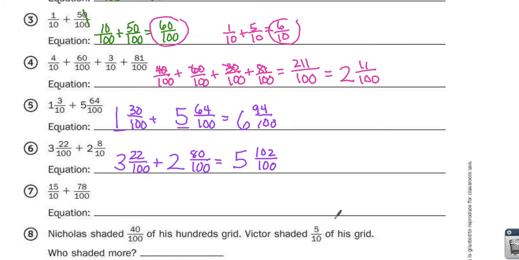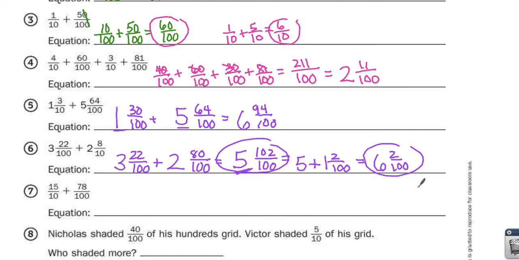And you could keep it like that, or you might realize that 100 can go into 102 one whole time. And since I have 5 wholes, then I'd be adding 1 whole. There's 2 left over. Denominator stays the same, which is equal to 6 and 2 hundredths. So either of these two answers would be acceptable.